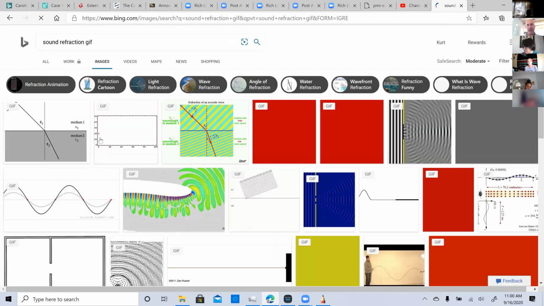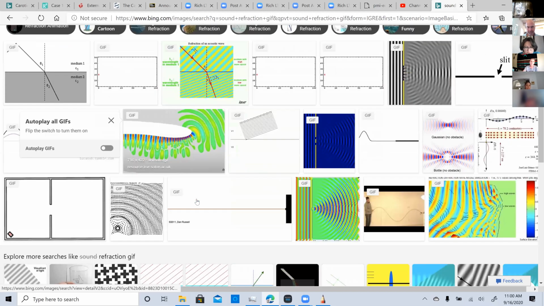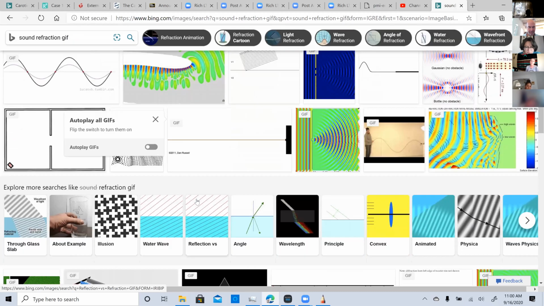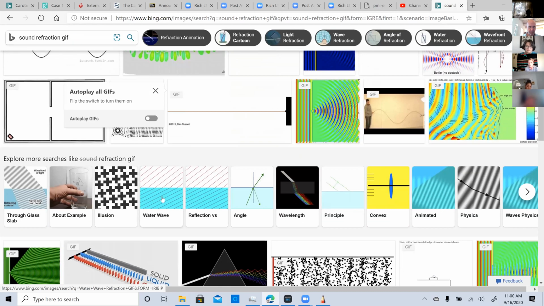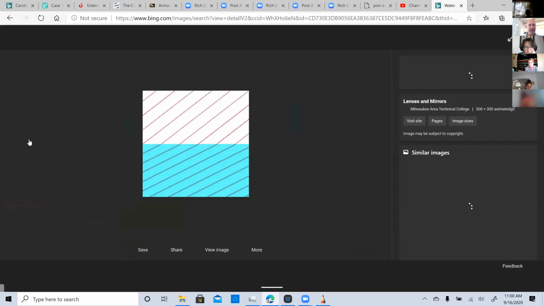You guys can see my screen, right? That I'm hunting on the internet right now. Yes. Okay. Oh, I thought that was the GIF. I'm not used to Bing.